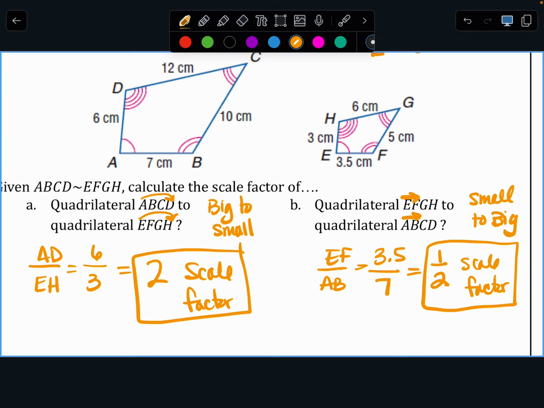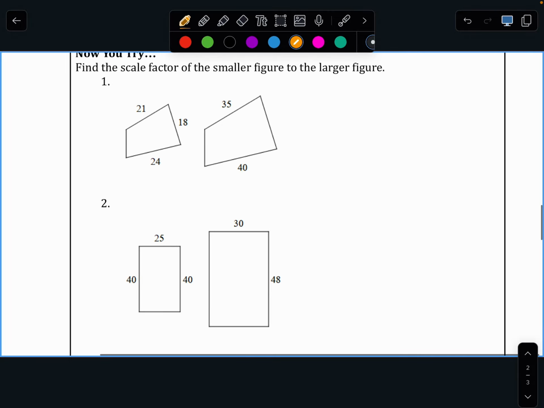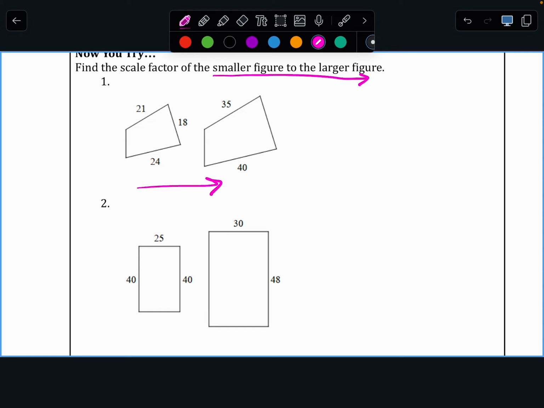That means that EF is half as big as AB. It's not hard. It just requires that you pay attention to the order. Like so many things that we've done this year, order is the most important thing.